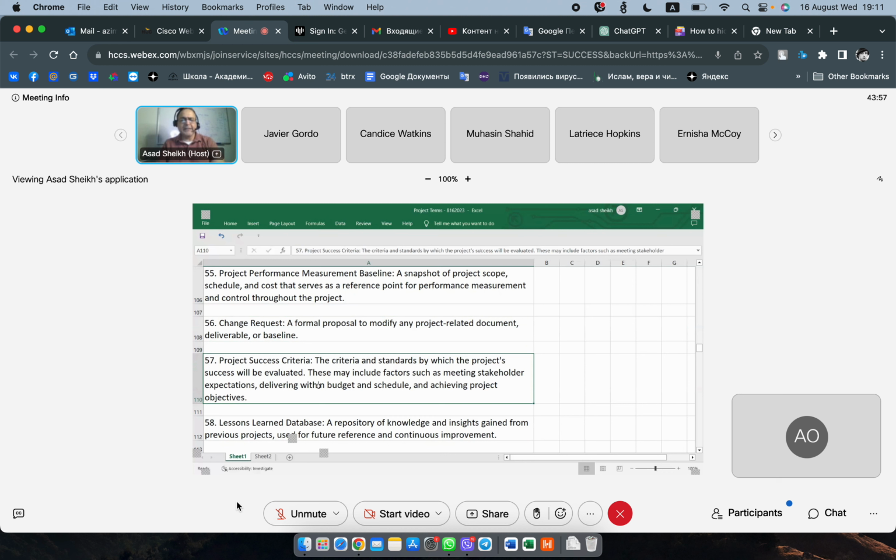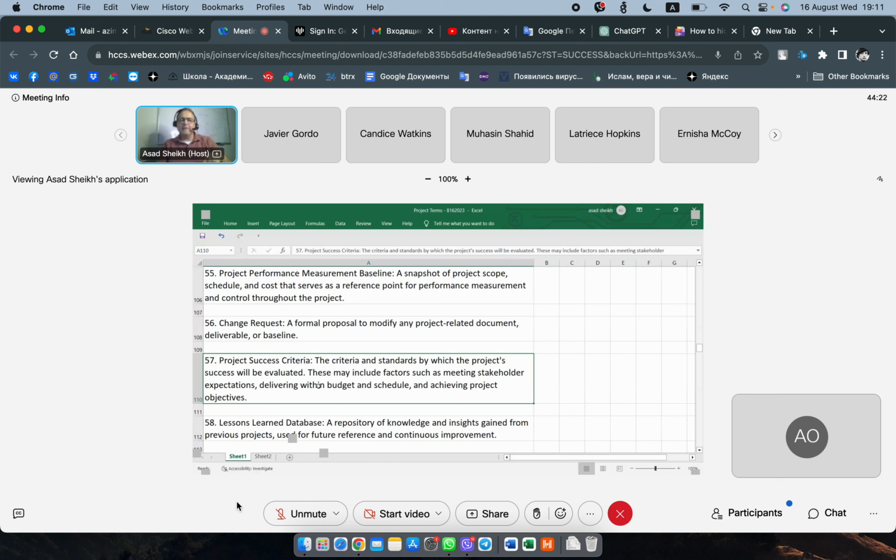Project success criteria. When somebody asks, do you need a project success criteria? They're really talking about what is that one thing or two things or three things that they have to check off to go live. Project success criteria could be your go live checklist, couldn't it? If you're trying to go live, what are you going to check off?